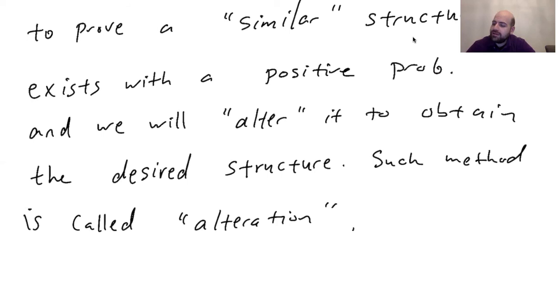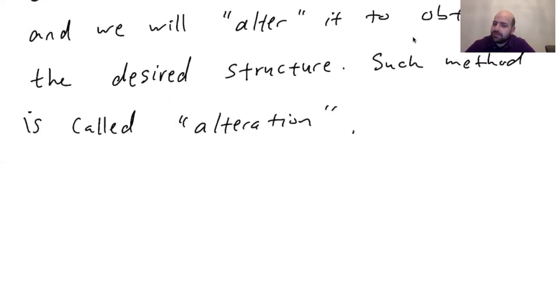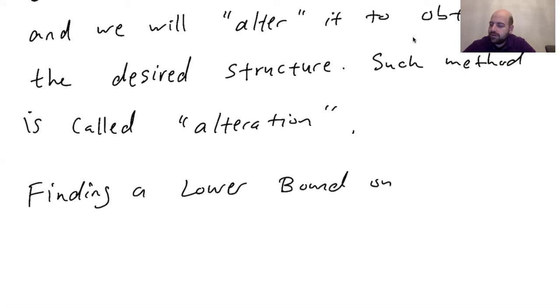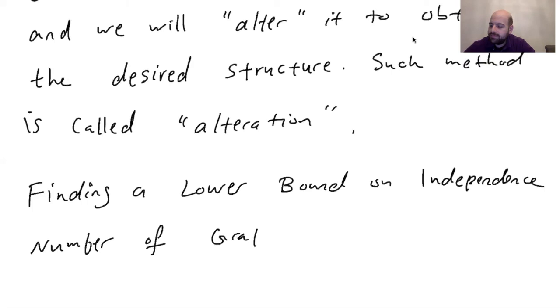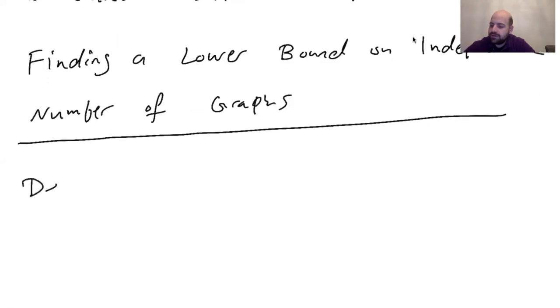Okay, now let's look at the bound that we need for the independence number of a graph. So finding a lower bound on the independence number of graphs. Let's remind ourselves about the independence number.